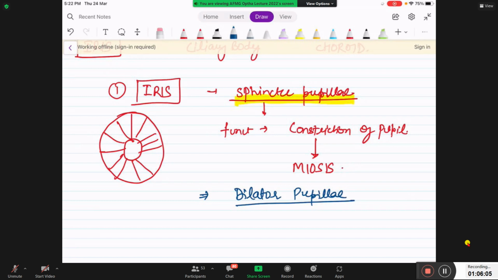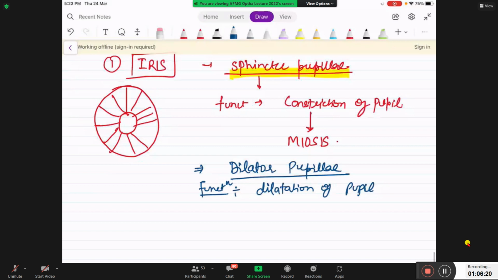So write down the function of dilator pupillae muscle. Very easy. It causes dilatation of pupil. This dilatation of pupil, the term is called as mydriasis.